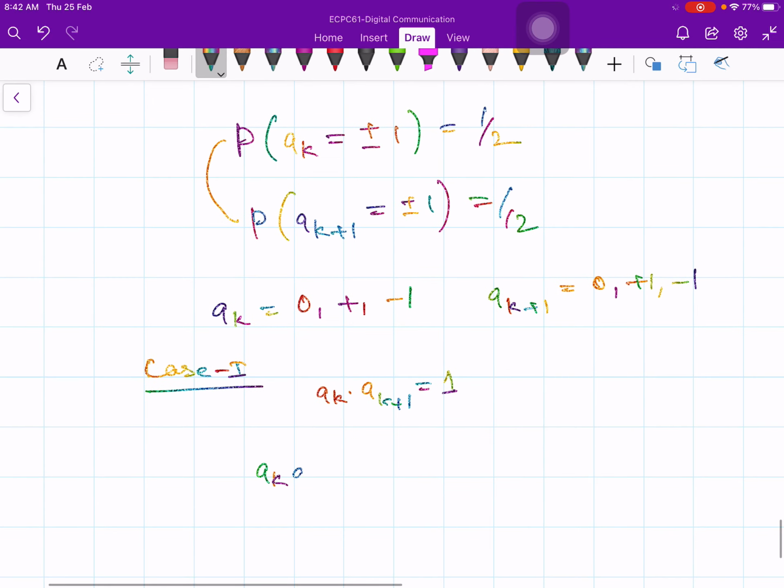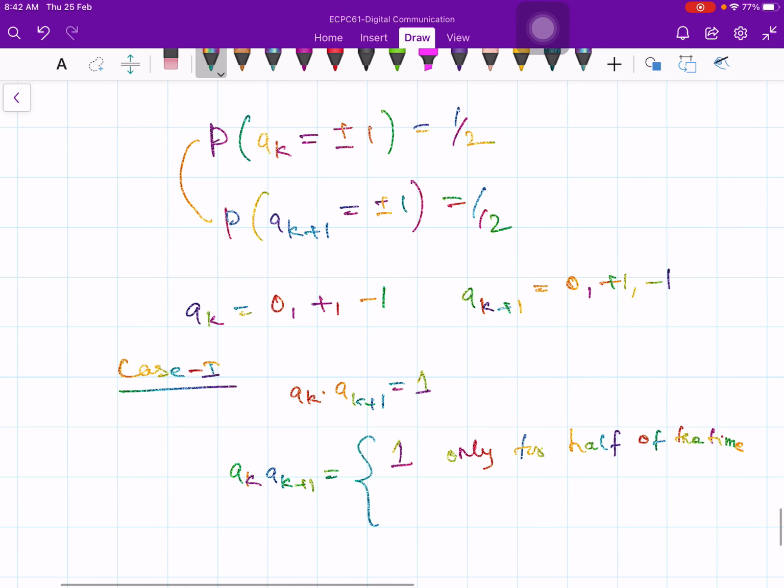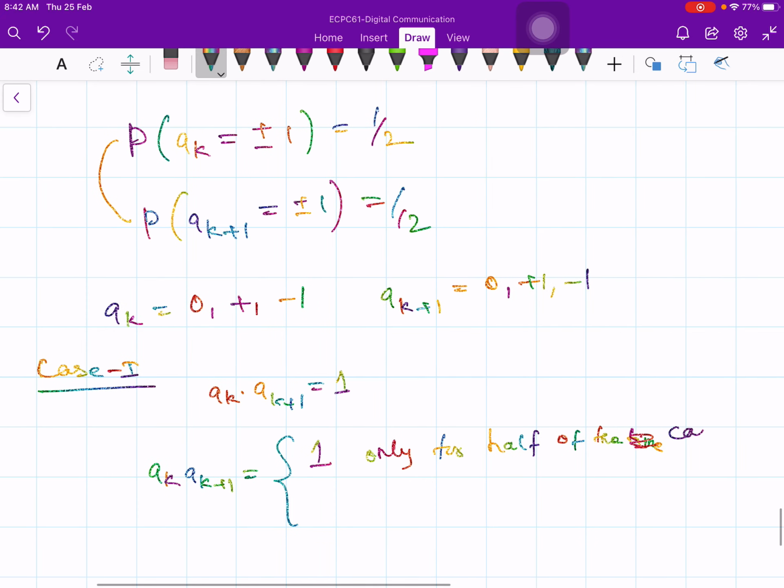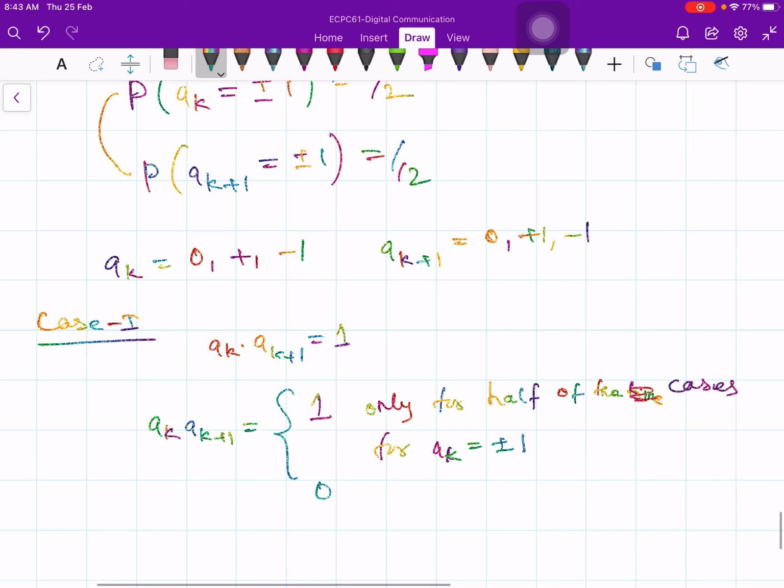So AK times AK plus 1 is equal to 1 only for half of the time, or half of the cases, for AK equal to plus or minus 1, and 0 for the other half. We will now explain this, no problem.